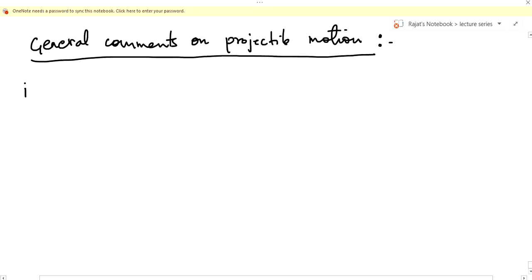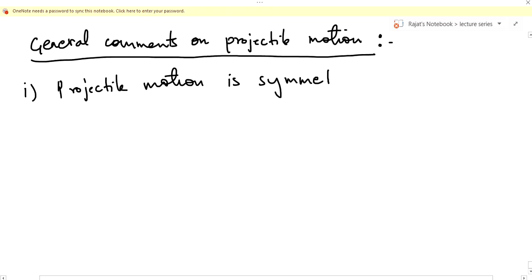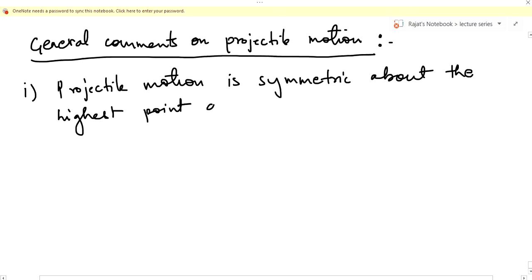First is obvious that projectile motion is symmetric about the highest point axis.